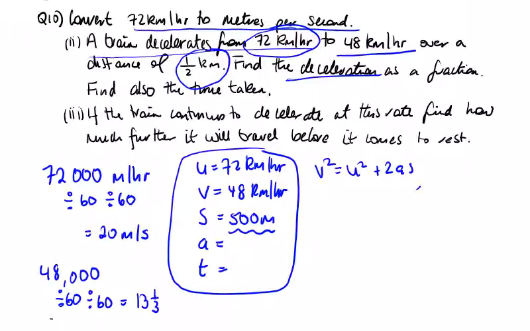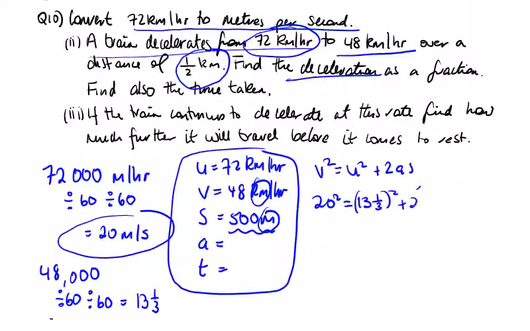Okay, so we'll take my v as 20 squared, because you have to keep the same units. You can't be using kilometers and meters in the same question. That's equal to 13 and a third squared plus twice my distance of 500 times my acceleration. No, it's the other way around.